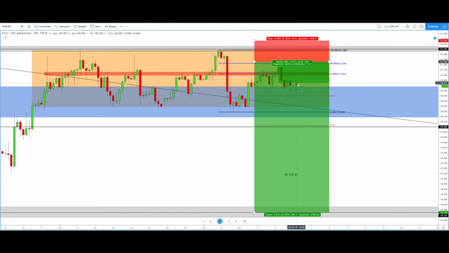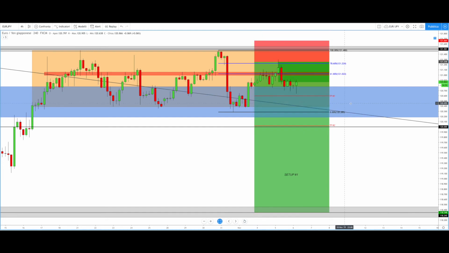But if the price closes a 4-hour candle below the upper part of this slowdown area, this will be a huge bearish signal and could bring the price to touch 120.50, because for me, guys, the next target is 120.50, and if the price reaches this area, we will have to carefully watch the price action, because maybe the price could find the strength for another bullish phase, but a clear break of 120.50 and this bearish trend line will be a huge bearish signal that could bring the price to the final bearish phase.